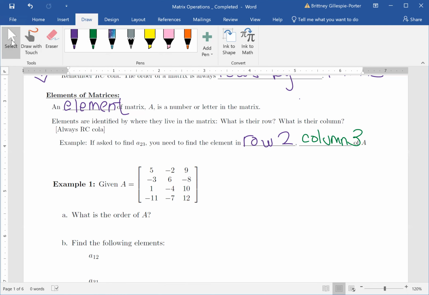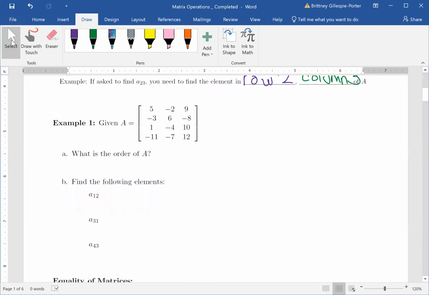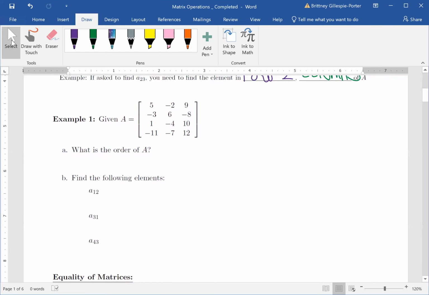So let's look at our first example. It says given A, and this is an example of a matrix, they're asking for the order. Remember, our order is always RC Cola, rows by columns.